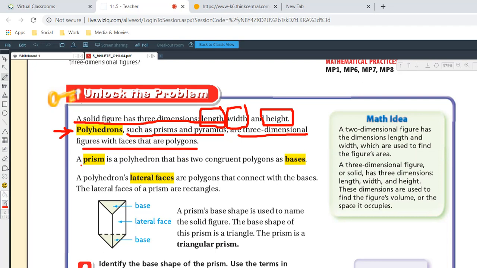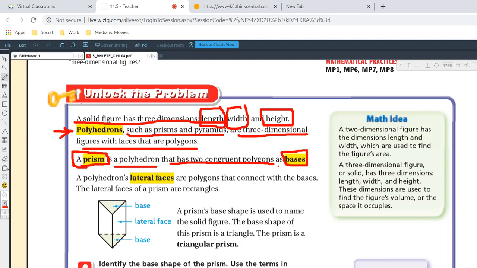Firstly, let's look at the meaning of prism. A prism is a polyhedron that has two congruent polygons as bases. Like your room, you have a ceiling, the upper part, and a floor, the lower part.